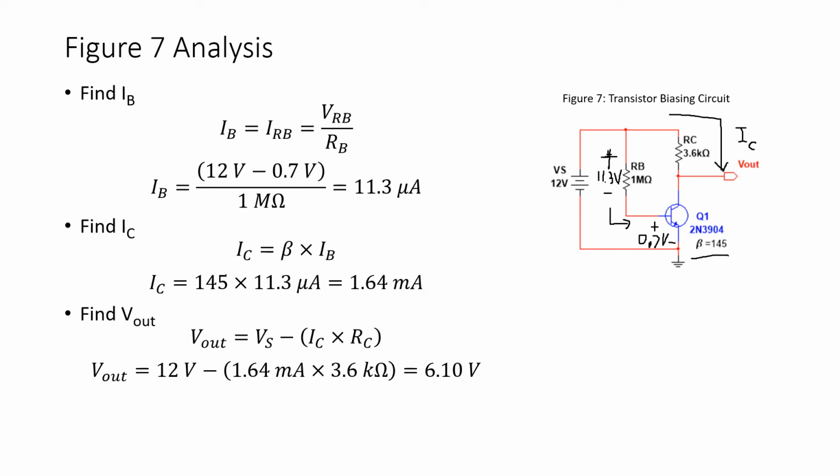Now, when 1.64 milliamps flows through the collector resistor RC, there'll be a voltage drop here of approximately 5.9 volts. And of course, 5.9 volts subtracted from 12 volts gives us a voltage difference from collector to emitter of 6.1 volts. So my output voltage with respect to ground will be 6.1 volts.